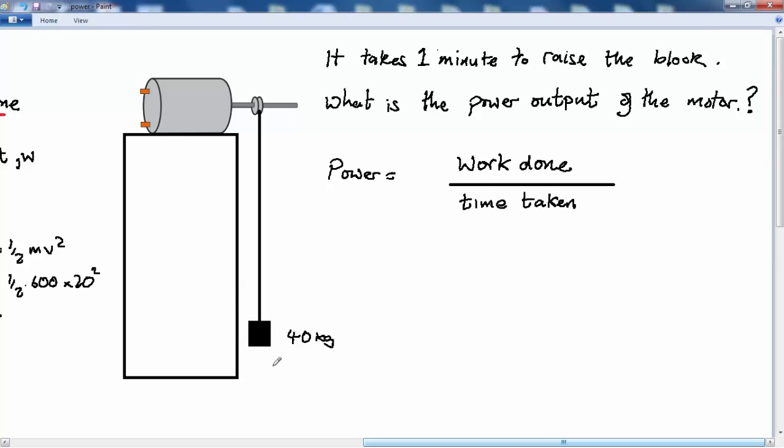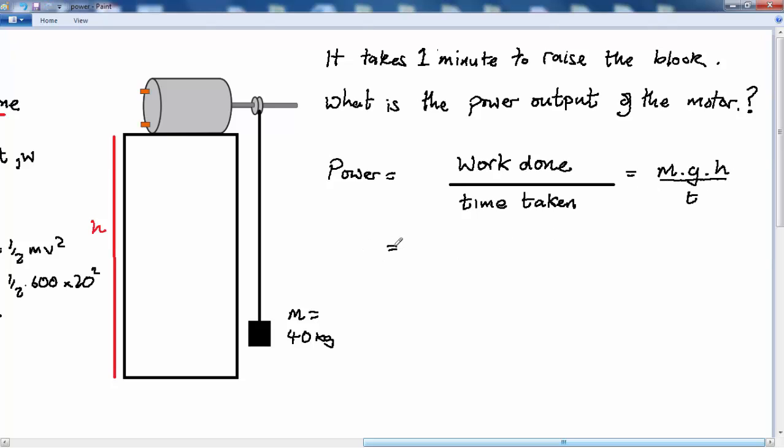The type of energy being transferred here is gravitational potential energy. So its initial GPE is 0, its final GPE is equal to the mass of the block times g, the gravitational field strength, which is normally taken as 10, times h, which is the height of the building, divided by t.